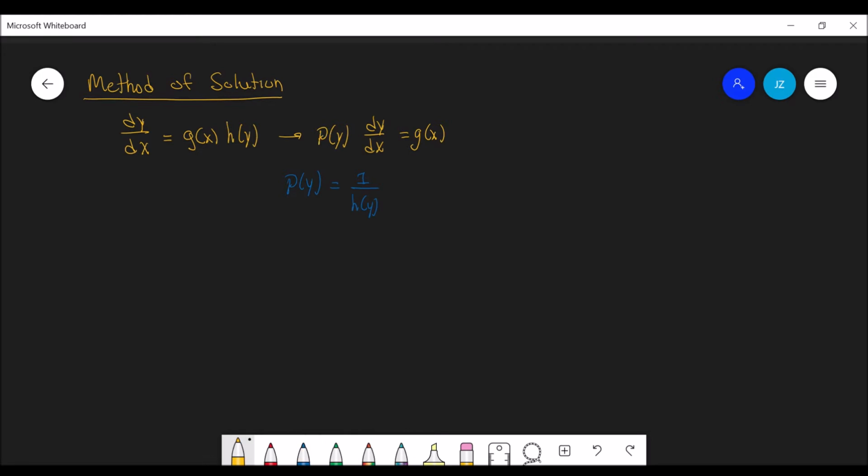Now, let y equal phi of x be a solution. Then what we must have is p of phi of x times phi prime of x has to equal g of x.